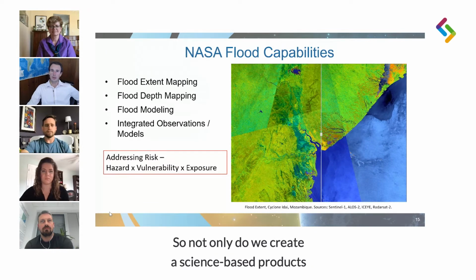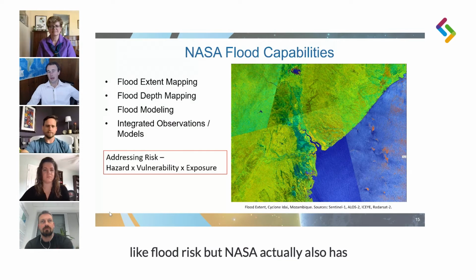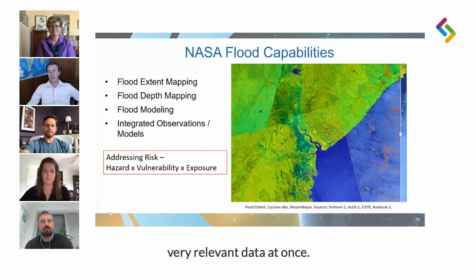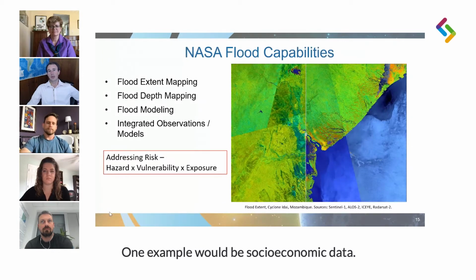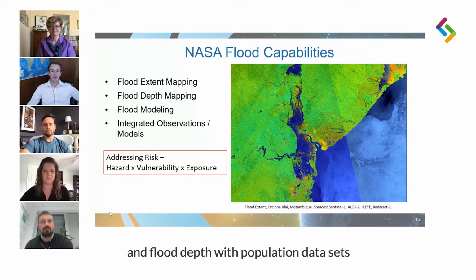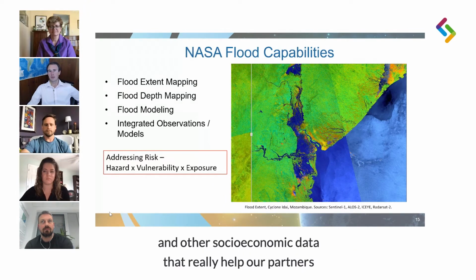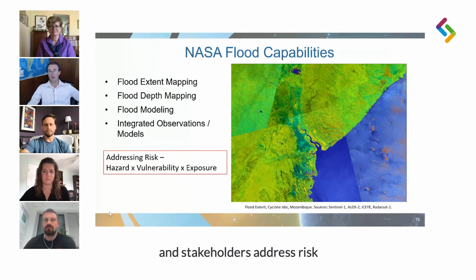So not only do we create science-based products like flood risk, but NASA actually also has very relevant data. One example would be socioeconomic data. So we are able to combine products like flood extent and flood depth with population data sets and other socioeconomic data that really help our partners and stakeholders address risk in various regions around the world.